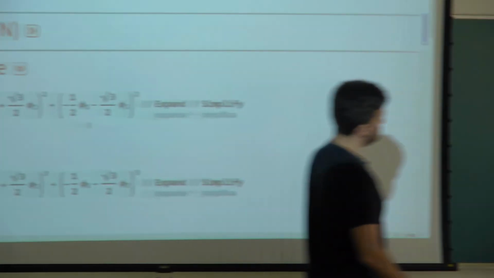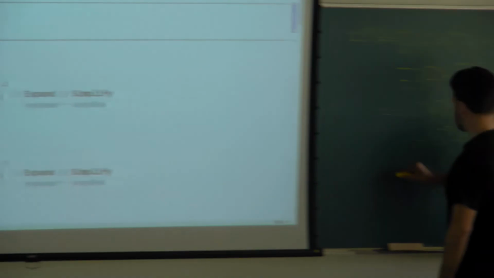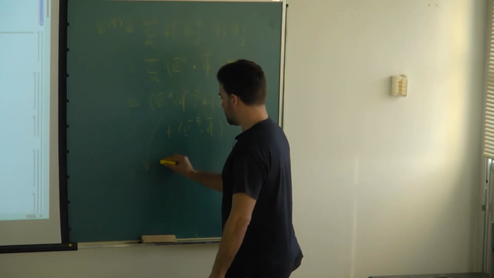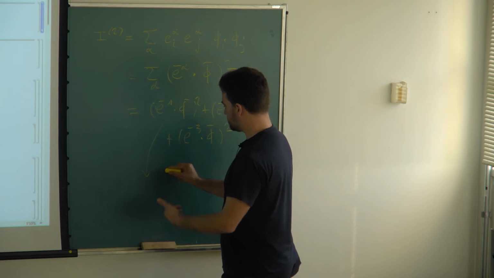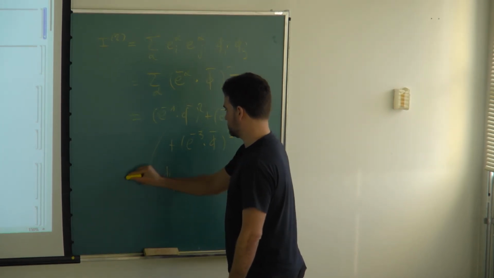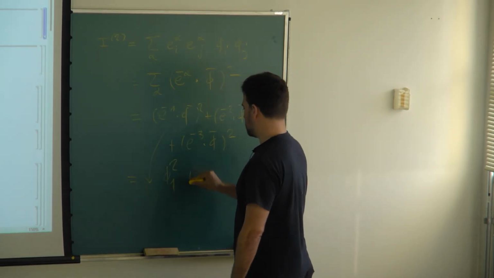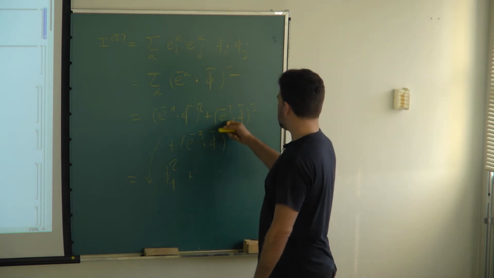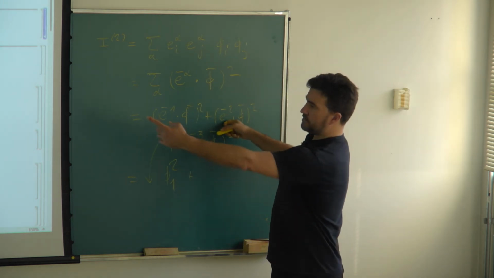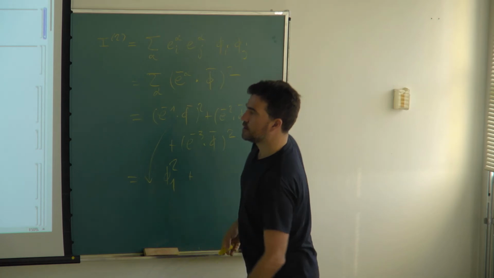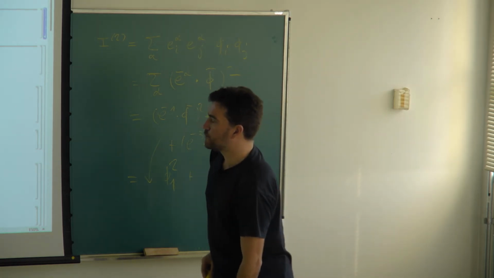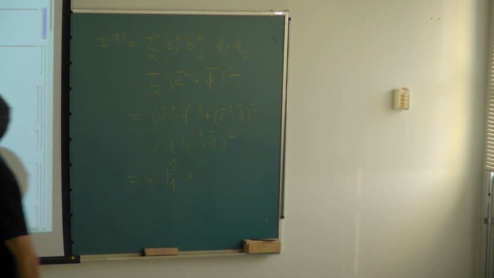So what is one of these is very simple. E1 was (1, 0), so this is phi 1 square. And then what is this one? Sorry, I made a mistake here.